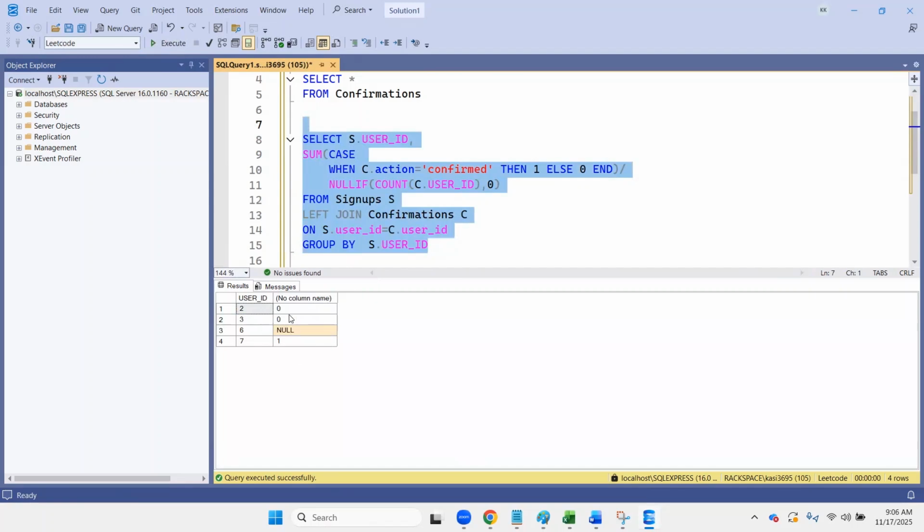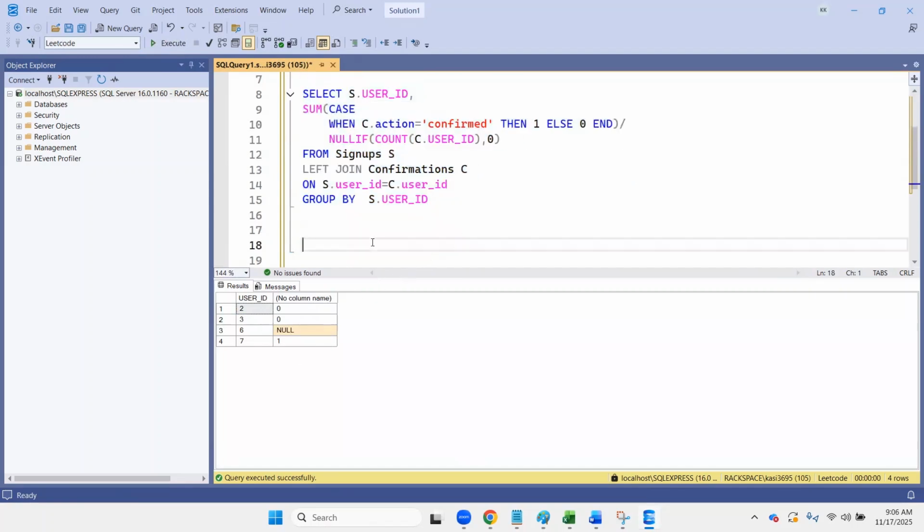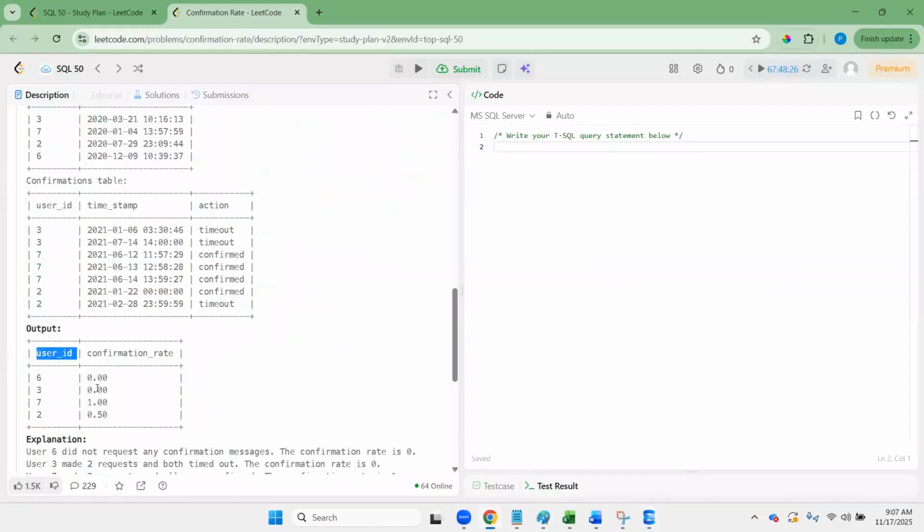If the numerator is integer and the denominator is integer, we're getting integer only, right? Similarly, if the numerator is decimal and the denominator is integer, it will give you the decimal, right? So our expectation is to convert into the decimal.